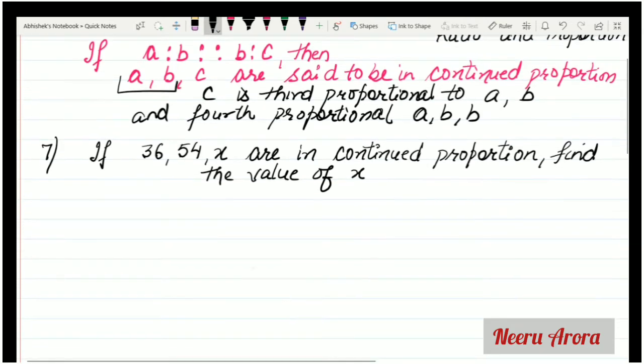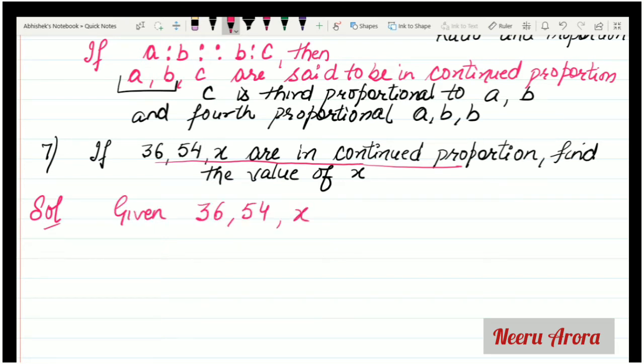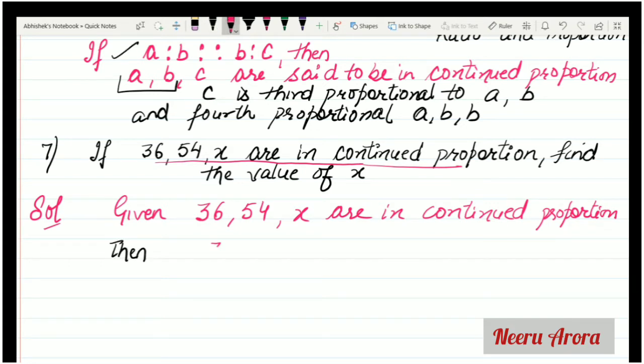Now look at the seventh question. If 36, 54, x are in continued proportion, that is, given that 36, 54 and x are in continued proportion, then 36 ratio 54 is proportional to 54 ratio x.